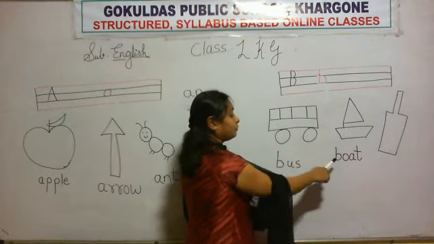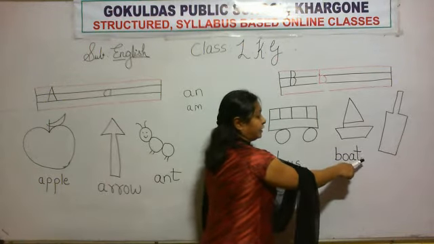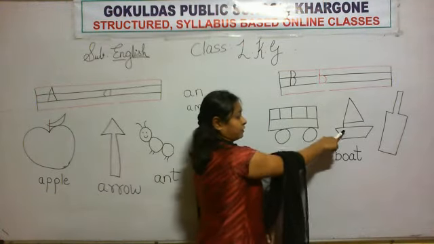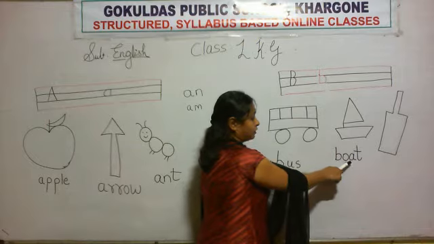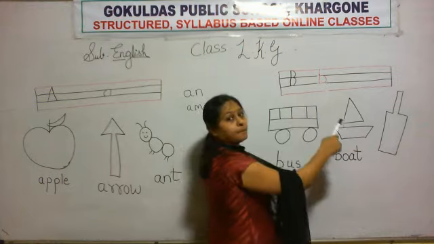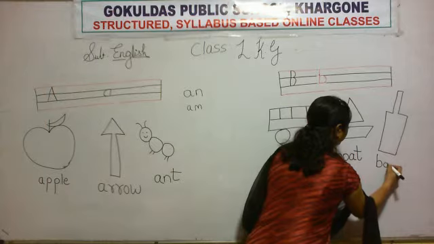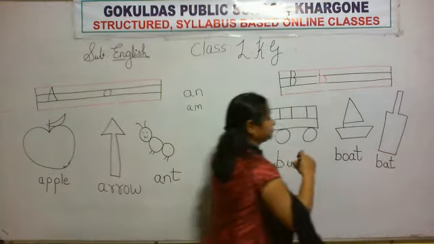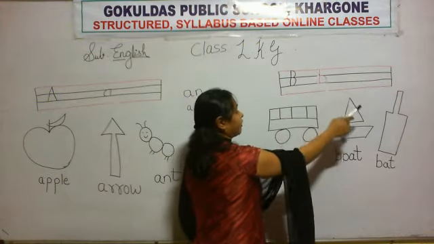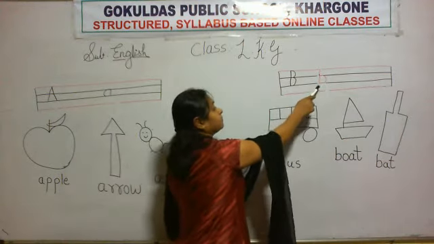B for bat. B A T. Bat. Okay. B for bus. B for boat. B for bat. Okay. Now B.